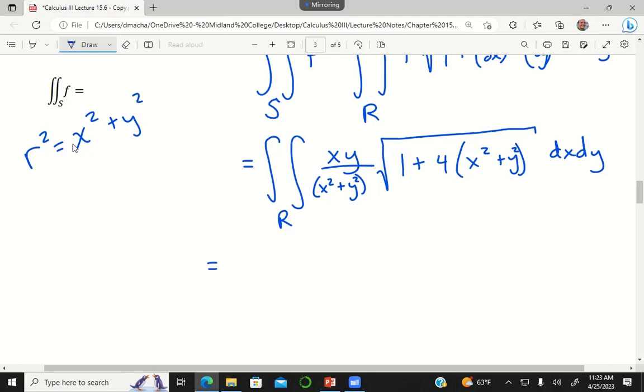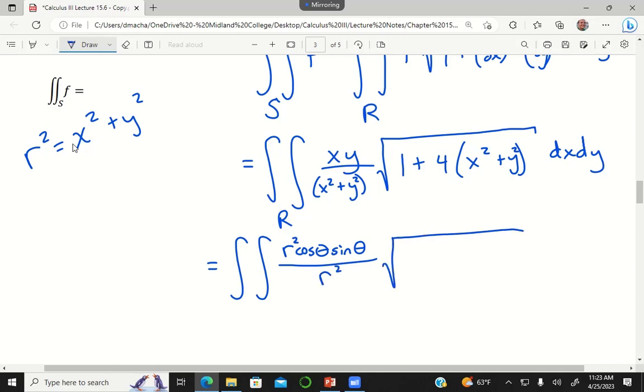That is a clear indication that polar would be a nice, neat way to go. And in polar coordinates, x is r cosine theta, and y is r sine theta, and then x squared plus y squared is r squared, and then this becomes the square root of 1 plus 4r squared.